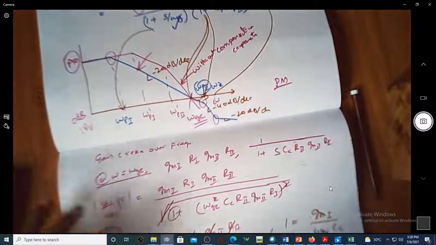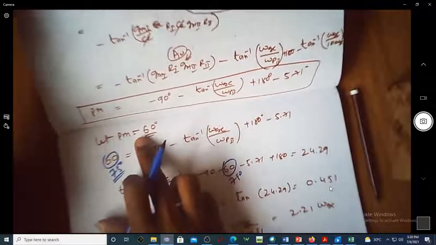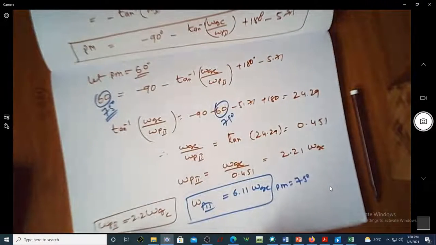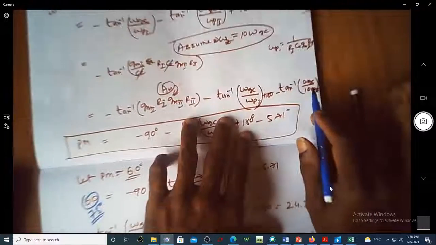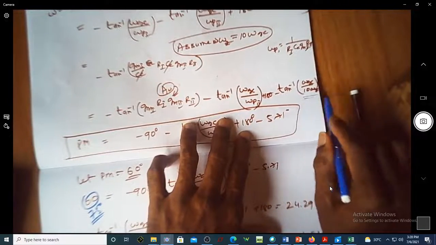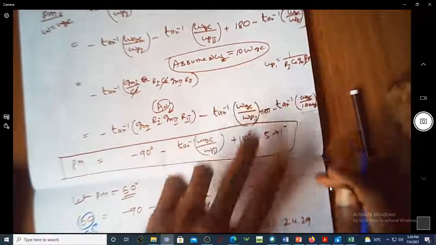Location of the first pole will not affect it too much, of course. The phase margin is decided by the location of the second pole, and of course we are assuming that the zero is located at 10 times omega gc. So this is with this assumption.